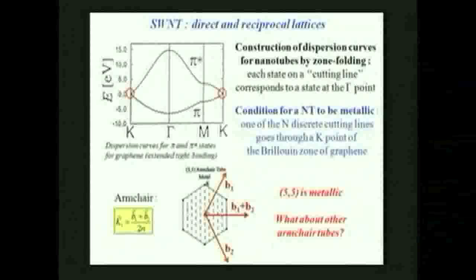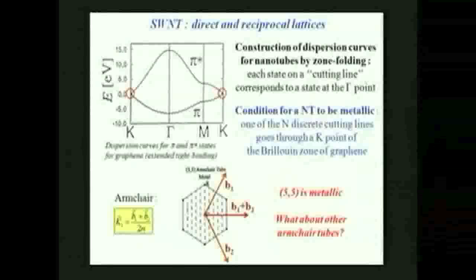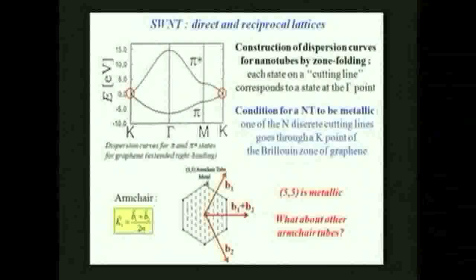We define that for the armchair, you have 2n hexagons in a unit cell and 4n carbon atoms in a unit cell. And we calculated the K1 vector, expressed like that in the reciprocal lattice with respect to the two unit vectors B1 and B2, with respect to n, which is the integer defining this tube.